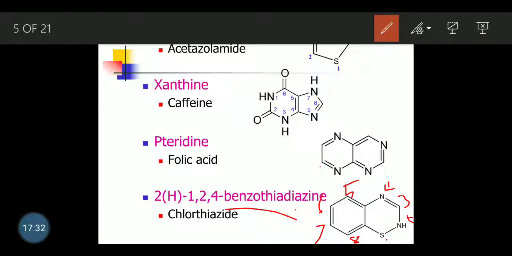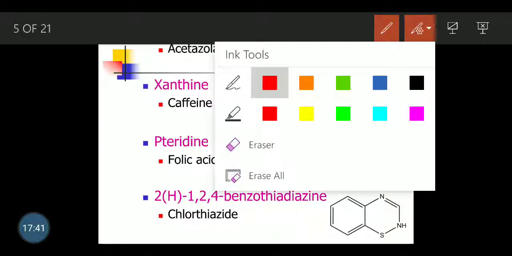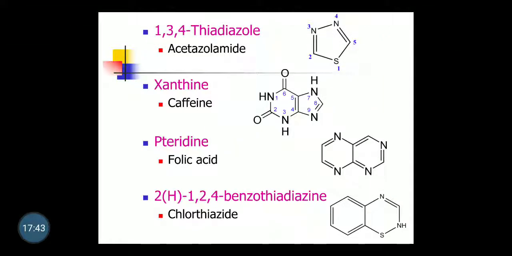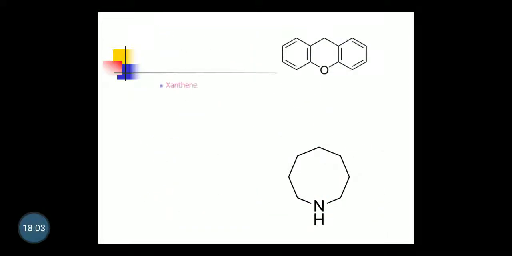In this way the numbering goes on, starting with the sulfur. Positions 1 to 4, as indicated in the name itself: 1 is sulfur, 2 and 4 are the nitrogens. Benzo means benzene fused together with the thiadiazine. It indicates that it's a fused ring structure. And chlorothiazide, which is a thiazide derivative and a diuretic, has this ring.